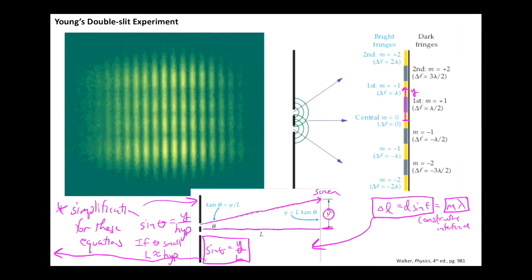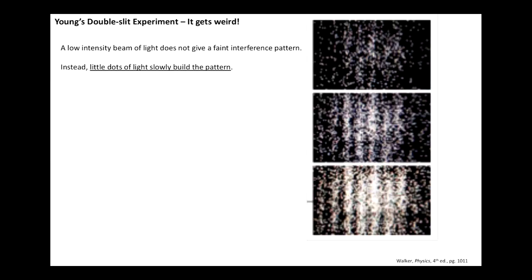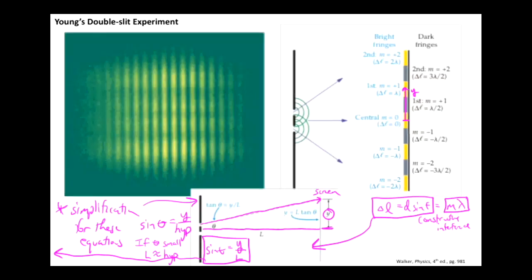Okay? But it's not just practical in those ways. It also did all of this other weird stuff that we talked about a little bit on Monday, which reveals more about the nature of the universe in a way. Because I can slow the whole process down and see that different things happen. If I take a laser and shine it at full intensity through this apparatus, it's immediately, boom, that happens.